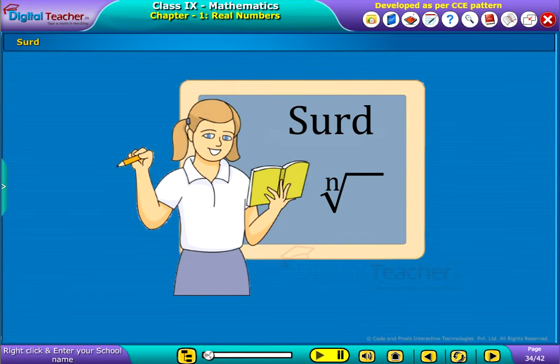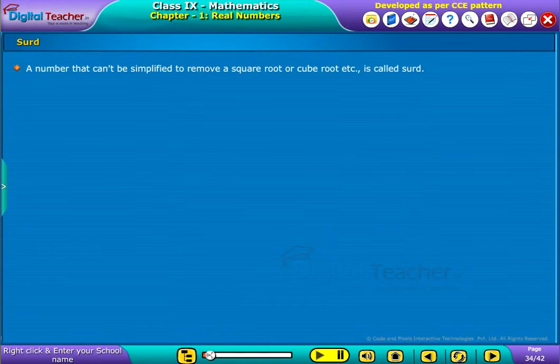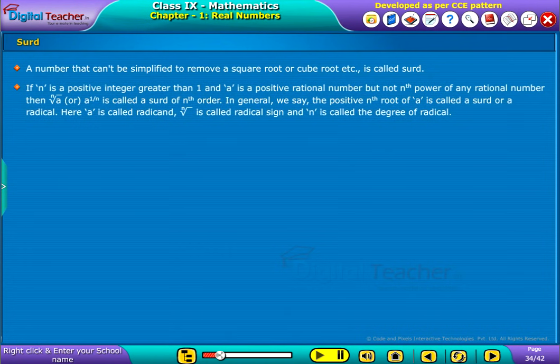Let us discuss surd. A number that can't be simplified to remove a square root or cube root etc. is called a surd. If n is a positive integer greater than 1 and a is a positive rational number but not the nth power of any rational number, then the nth root of a or a power 1 by n is called a surd of nth order.